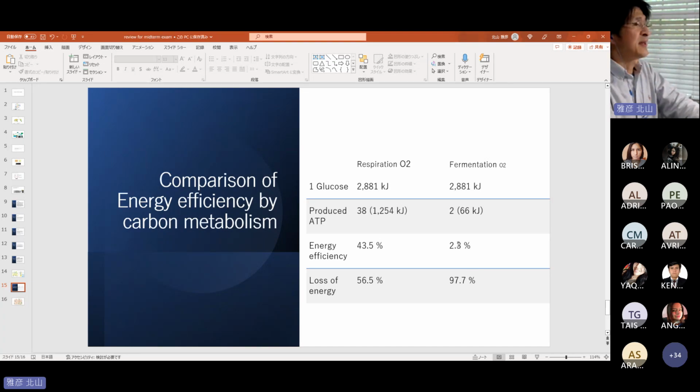Only 2.3% of energy they can obtain from one molecule of glucose. But if we have a large amount of oxygen, and they can make respiration, more than 40% of the energy found in one molecule of glucose can be obtained. So energy producing efficiency by respiration is much better than that by fermentation.